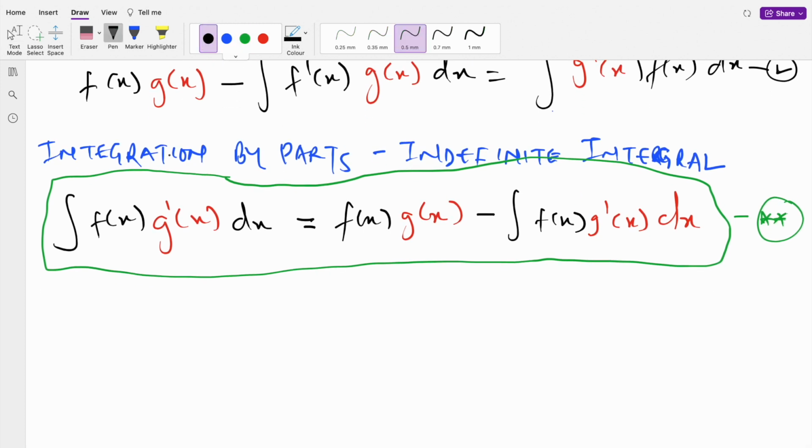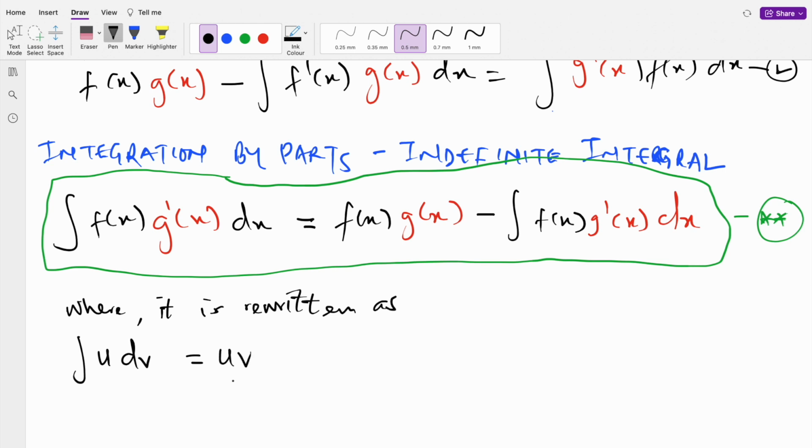So it is rewritten as the integral of u dv equals uv minus the integral of v du.